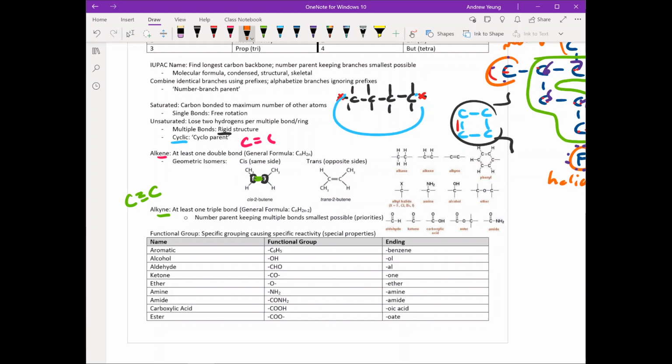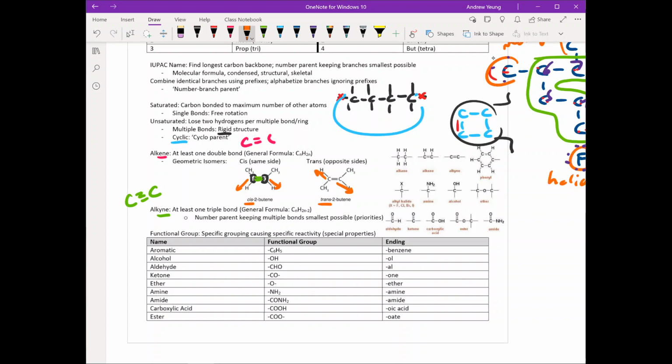If I happen to have the hydrogens pointing the same side, we're going to call this the cis isomer. Cis means same side, okay? We're going to add that as a prefix at the very beginning of the name. If the hydrogens are across from each other, like a transverse or a diagonal in math class, this is going to be our trans isomer.